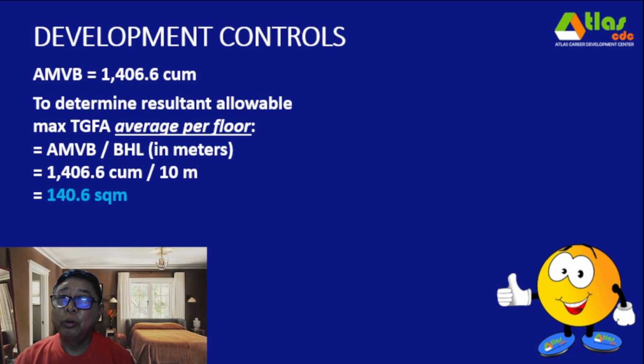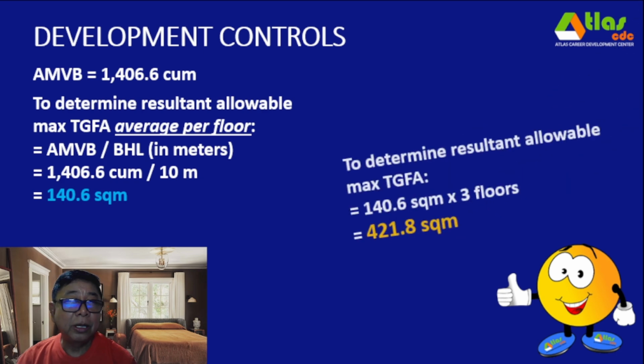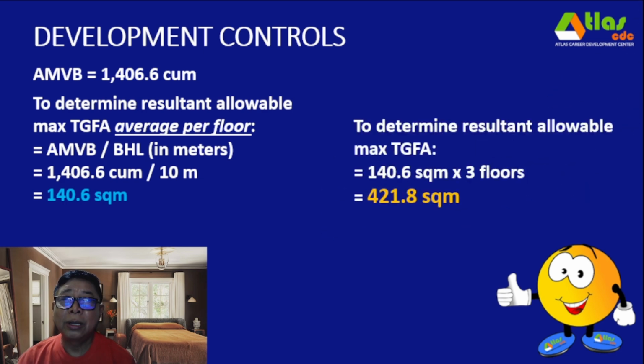So we can determine that by just dividing our AMVB final by the BHL in meters. So we have 1,406.6 divided by 10 will give you the average resultant allowable maximum TGFA per floor at 140.6 square meters.